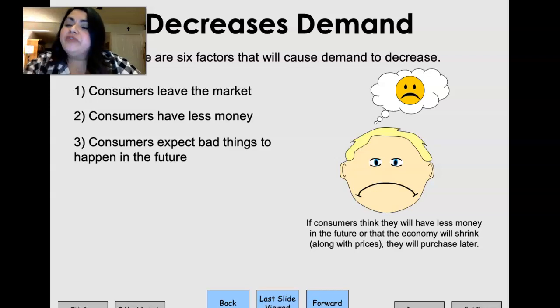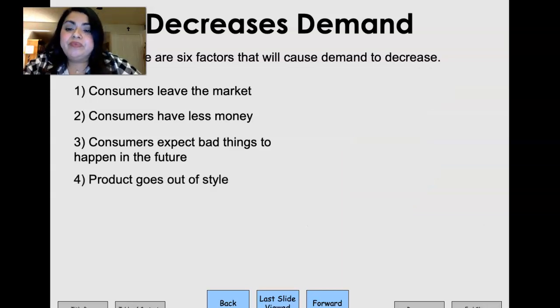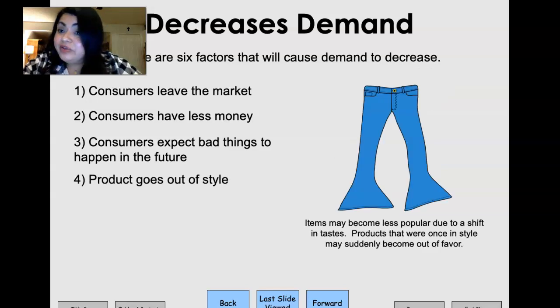So consumer confidence has to be high as well. Products can go out of style if the fad is over. Like I've got bell bottoms on here. A good example is jeans. Jeans are always changing. Bell bottoms in the 1970s, people were into that, and in the 90s for a little while too. But the really low-rise jeans from the early 2000s, those are gone. They may still be around a little bit, but everybody's wearing high-waisted jeans now. It just depends on what's in style.